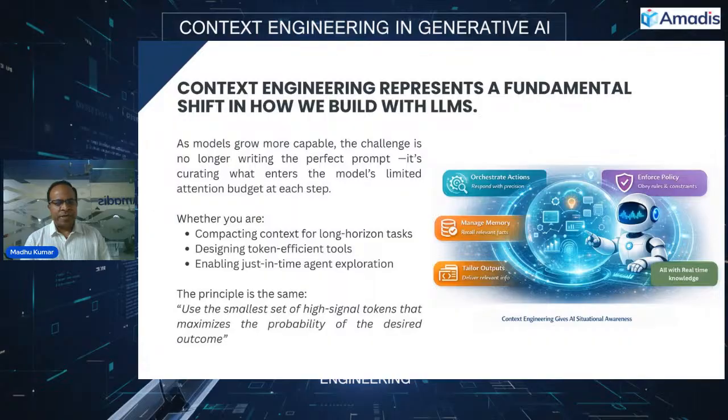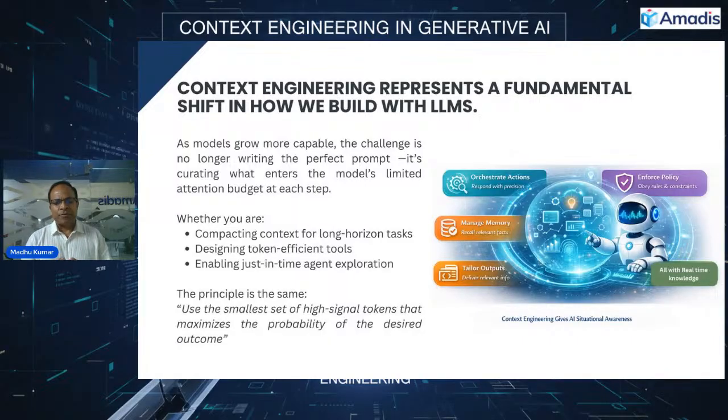So whether you're compacting it, designing a token efficient tool, or enabling just in time, the principle is the same. You should always use the right context, the smallest set of high signal tokens that will give you the maximum probability of the desired results.